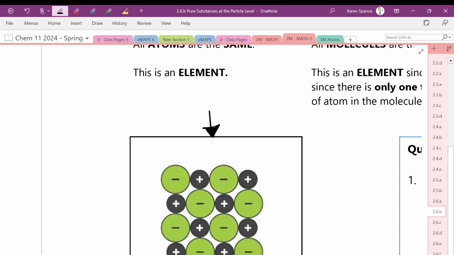What's it made of? It's made of ions. Does that help your thinking at all? What types of things are made of ions?